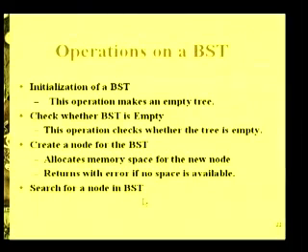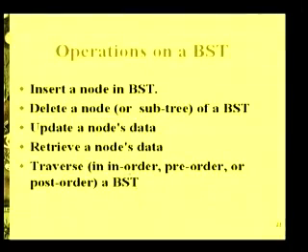Then you have searching for a particular key value in a binary search tree and finding whether something exists or not. Insert a node into a BST, delete a node or subtree of a BST, update a node's data. Now this is a typical operation. If you want to update a node's data, that may change the location in the tree, so we might have to delete that node and reinsert it.